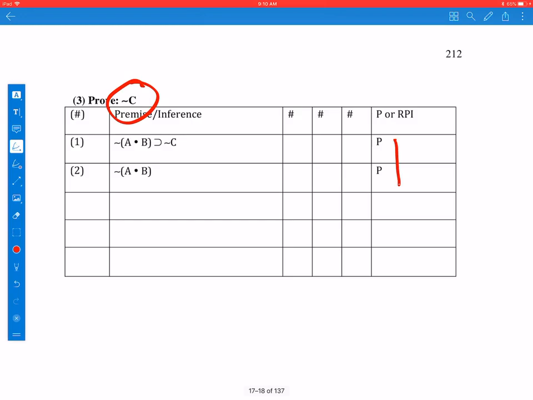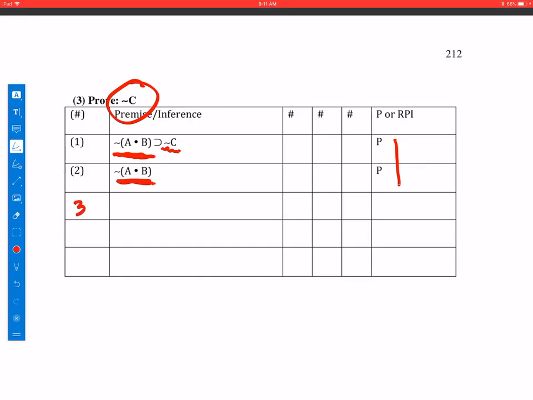So the first thing that we do is we look for our target, not C, and we see it's in the consequent of a conditional, which means if we can find the antecedent, which happens to be not both A and B, then we could do a modus ponens to get the not C, and look right here, it's on line 2. And so this again is just a one-step proof, not C from 1 and 2, modus ponens.